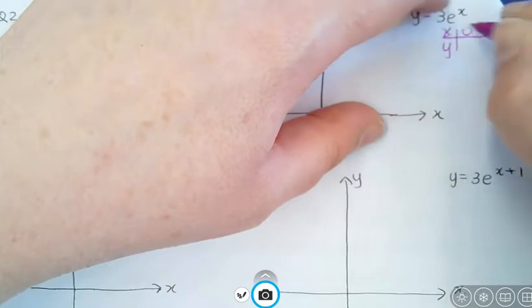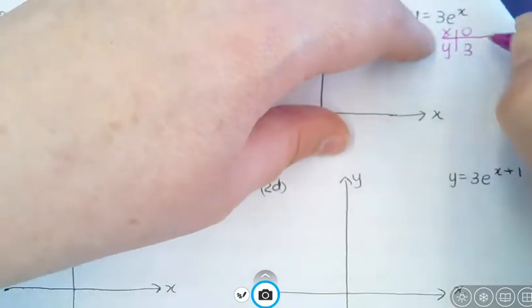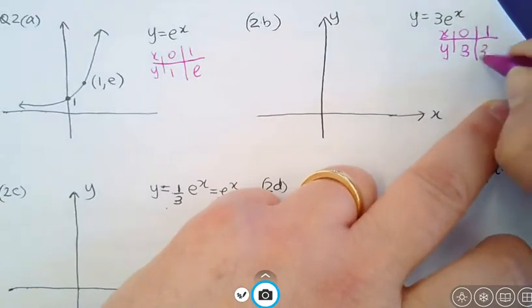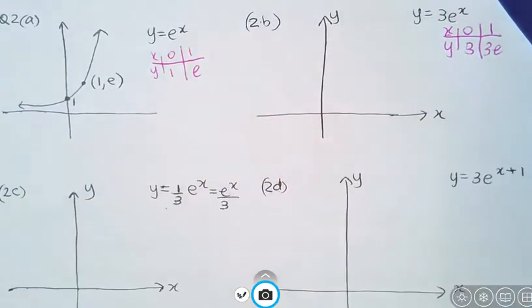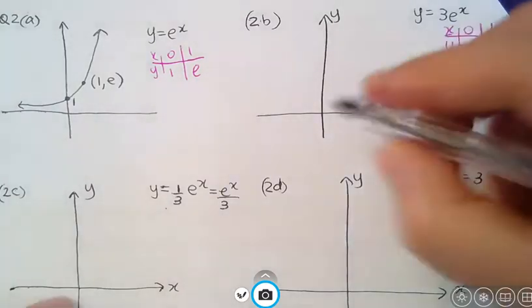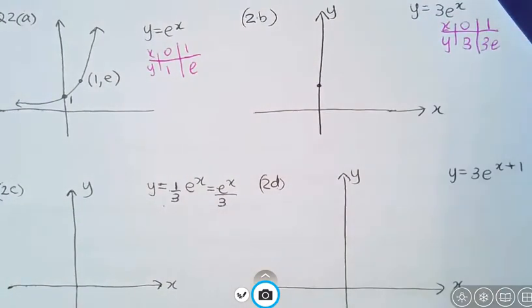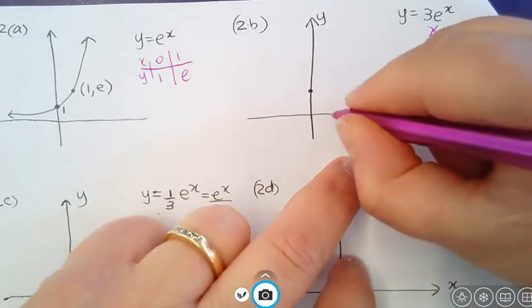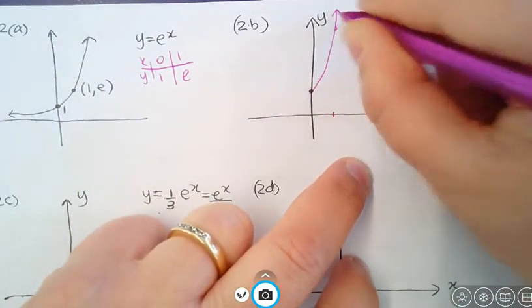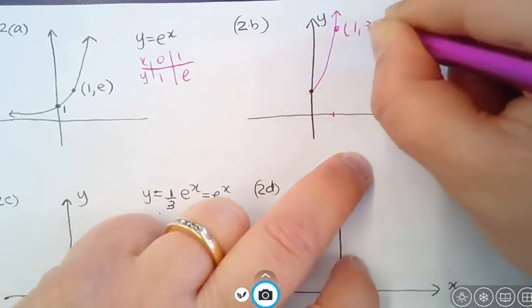When x is 0, you get 3 times 1 is 3. When x is 1, you get 3e, which is approximately 3 times, it's a bit less than 9. 8 point something, more than likely. Or you can work out an approximation on your calculator. So we've got the point 0, 3, and 1, 3e.